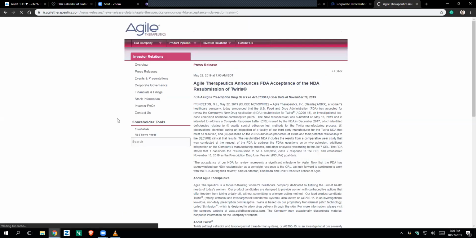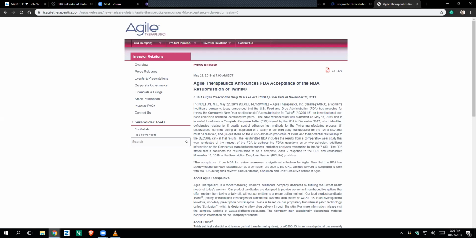And then let's see what happened after that. So they resubmitted the NDA. FDA accepted this in May. The resubmitted NDA includes the results of a comparative wear study that was conducted at the request of FDA on in vivo adhesion, additional information on the manufacturing process, and other analysis responding to the 2017 CRL.